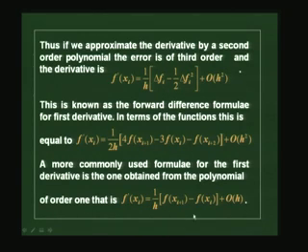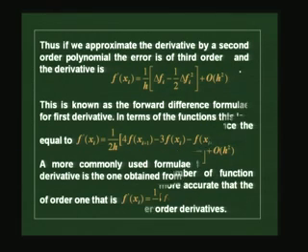To convert a continuous differential equation into a set of discrete equations, we will have to write down all our derivatives in a discrete form. So now we can write df by dx at x equal to xi as a discrete formula. That's something which we can use.